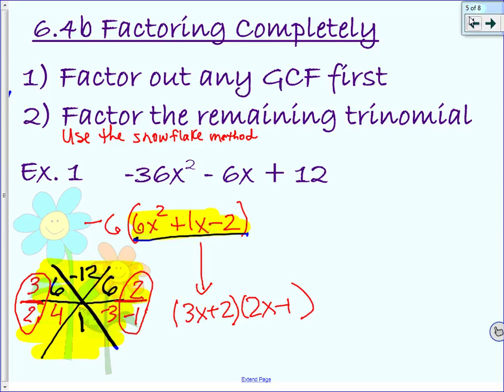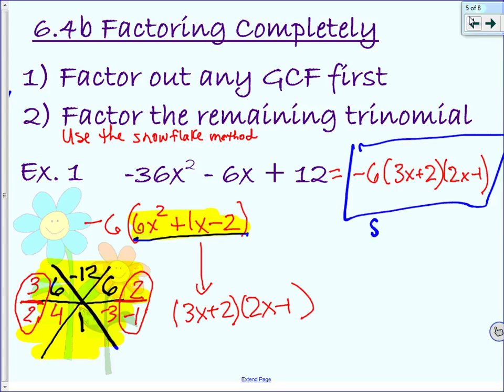So our final answer, let me show you how we write it. We write it as negative 6 times 3x plus 2 times 2x minus 1. And that is our final answer. That is our factored answer.